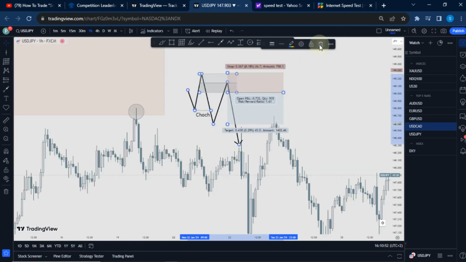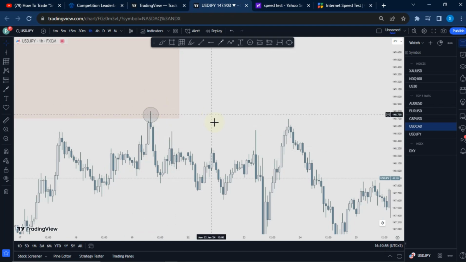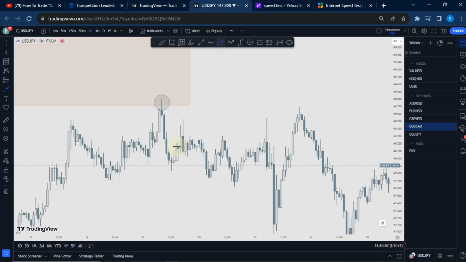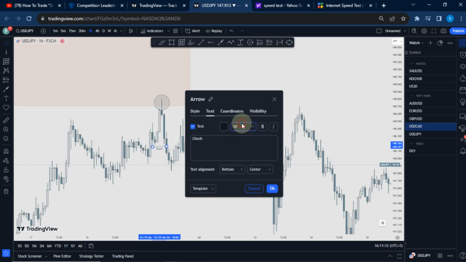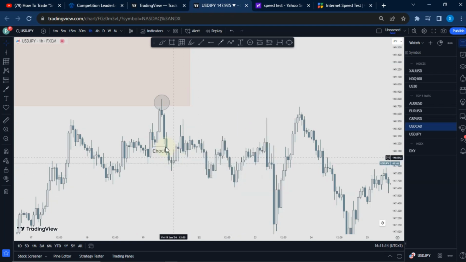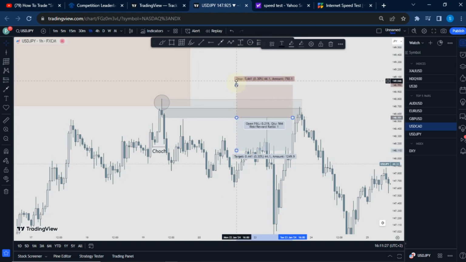Now, where do we see this pattern? Right here. Here we had our down change of character, and what caused the change of character was this level here, and that's when we put our entry here.